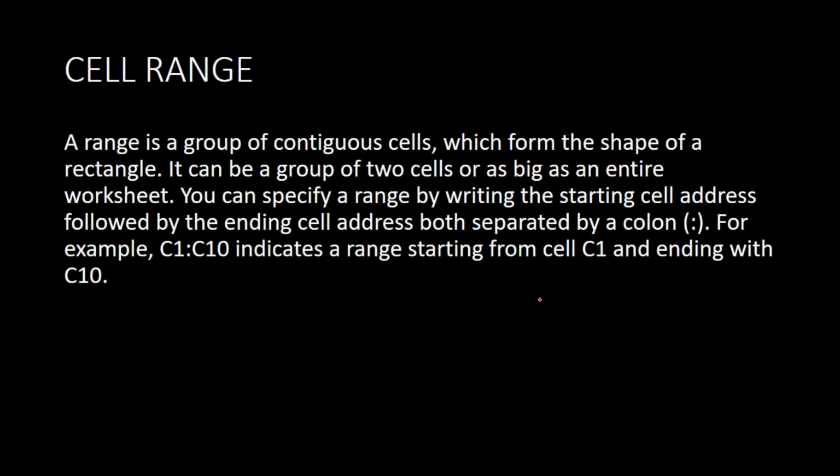So you can specify a range by writing the starting cell address followed by the ending cell address, both separated by colon. For example, if you write C1 to C10, it indicates a range starting from cell C1 and ending with C10. That means all the cells are selected from C1 to C10.